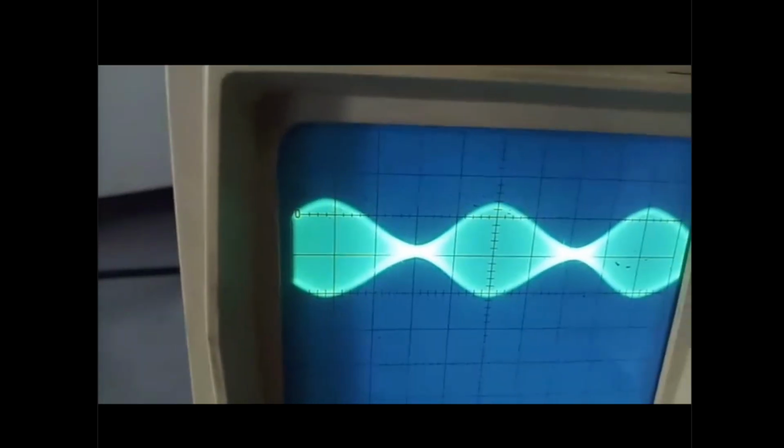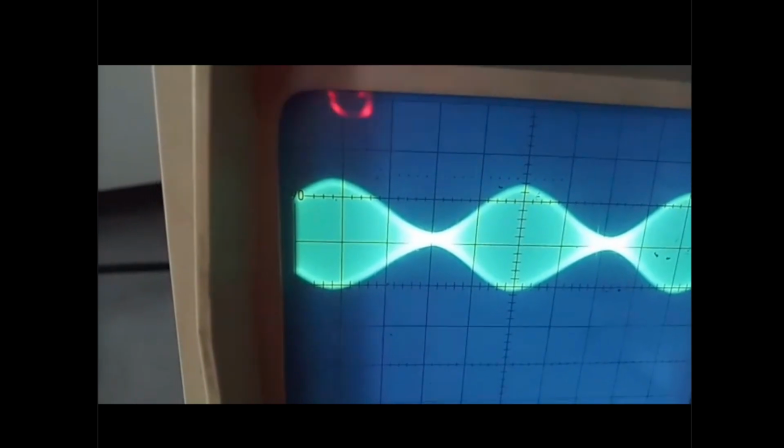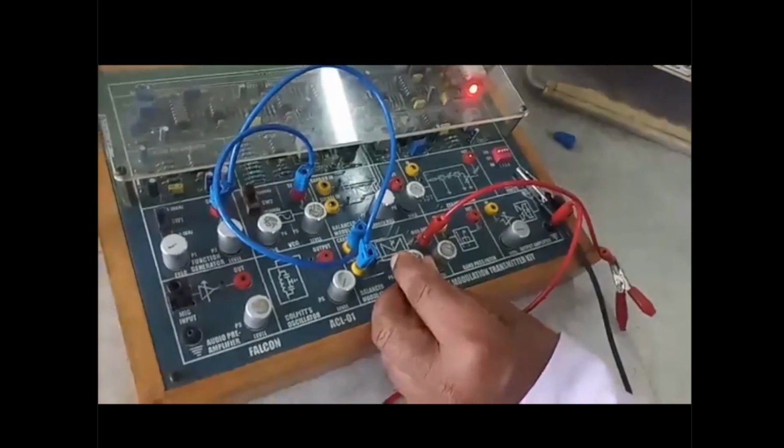When we increase the modulation index further, it is greater than 1, and you can see those two envelopes are crossing each other. And this is actually a DSBSC signal.